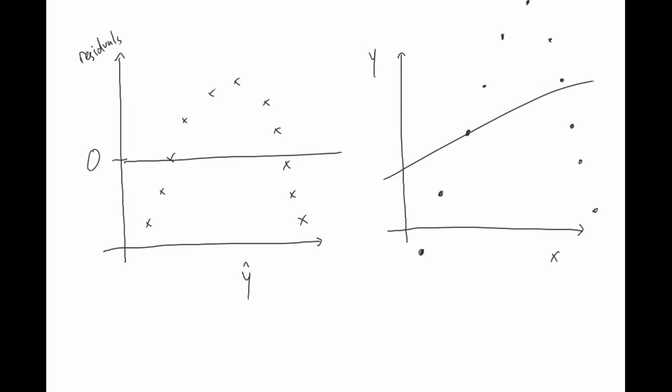How would that look in terms of what it finds? It will be not random, having some relationship with the y-hat term. Yeah, that's exactly right. It could come in any number of ways.